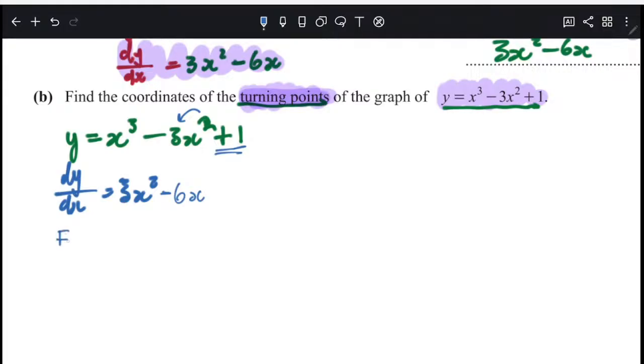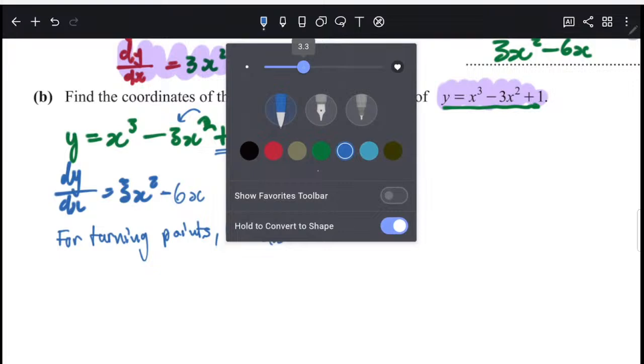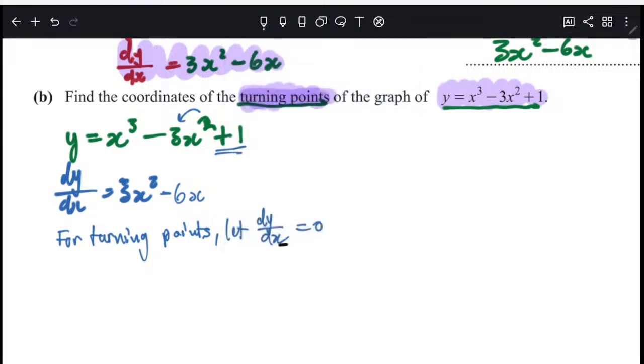Then for turning points, I know there's only one way: let dy dx equal 0. If I ever forget this stage, I've thrown away everything, because that's the main stage. So let dy dx equal 0.